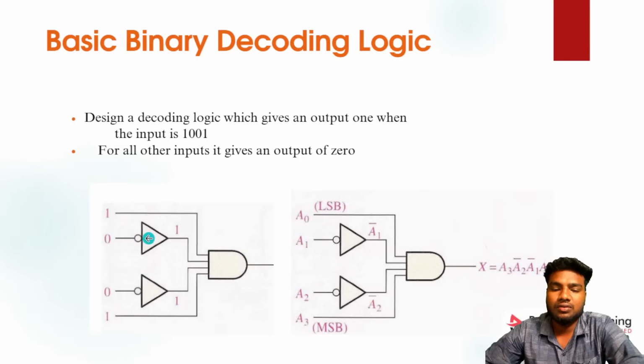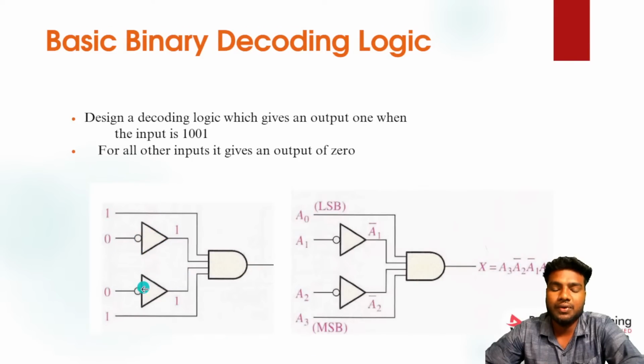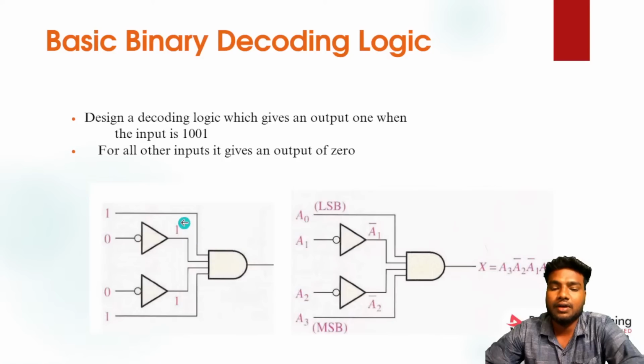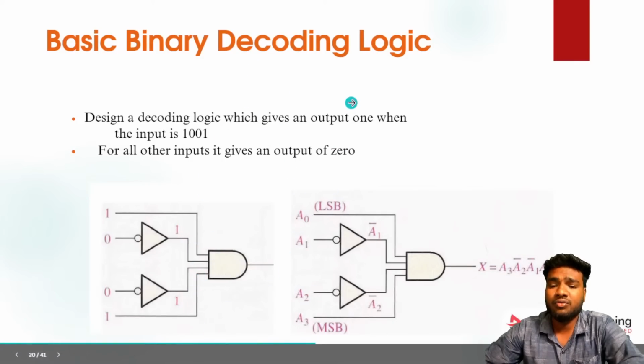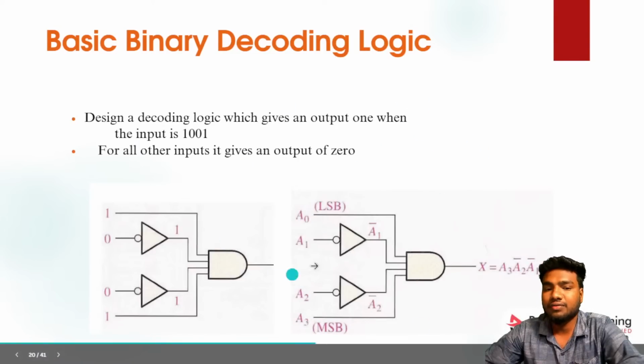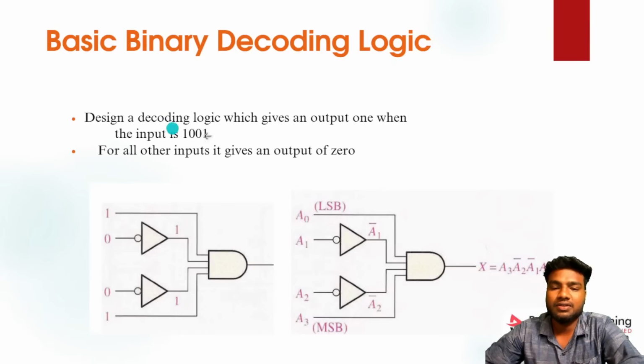So for 1 0 0 1, after the NOT gates I get 1 here and 1 here. I give these to the AND gate, and all four inputs are 1, so with a 4-bit AND gate you will get 1 as output. This is the logic, and this is the answer for this question.